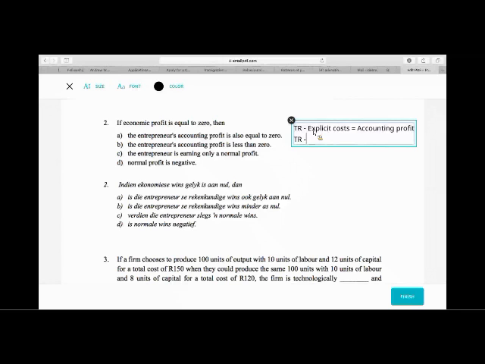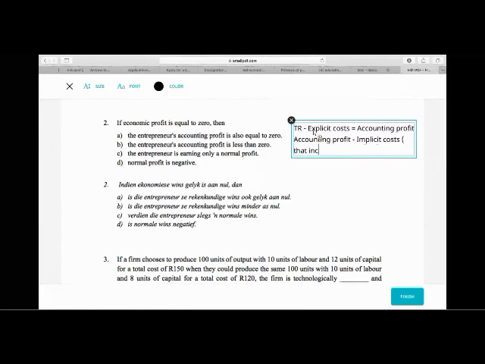If you take away from accounting profit, so let me say accounting profit less implicit costs, which include normal profit, because normal profit essentially gives you an indication of how much profit you should expect to earn in this industry. So once you have accounting profit, you take away all your implicit costs, including normal profits, and that will then give you your economic profit.